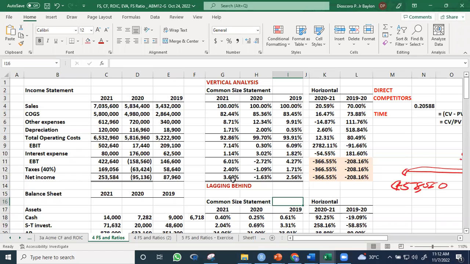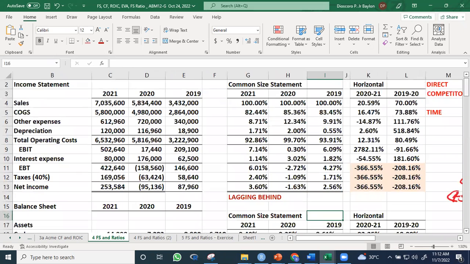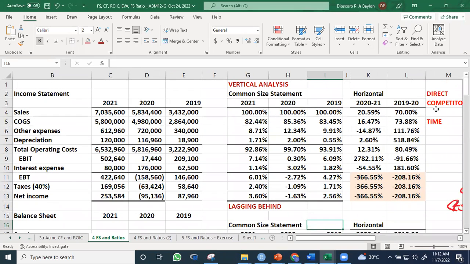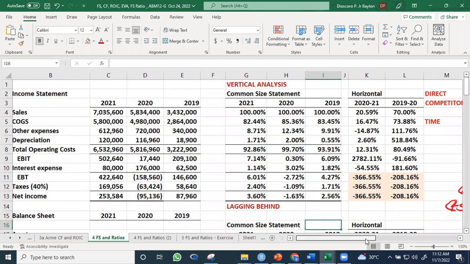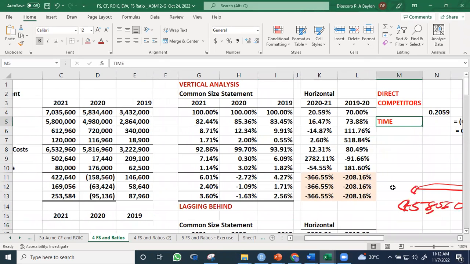It's lagging behind its direct competitor. Its direct competitor is able to generate more profit, generate more sales relative to the performance of the firm. Okay, so we don't only look at it in terms of the direct competitor, we also take a look at it in terms of time, how the performance has evolved over the years or over time.